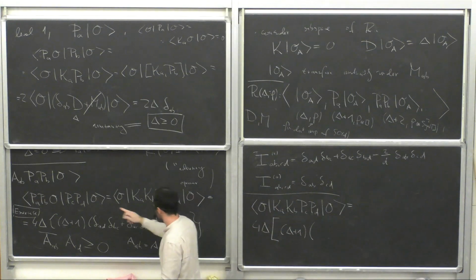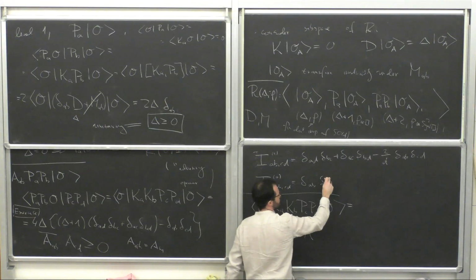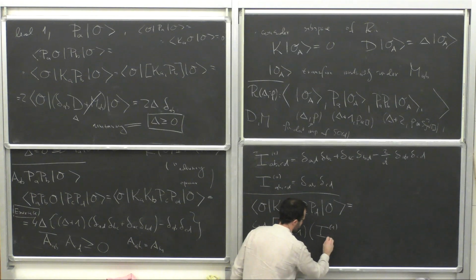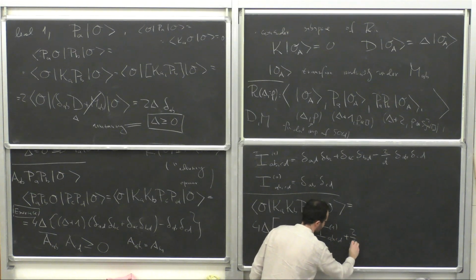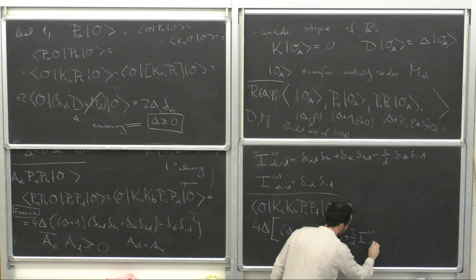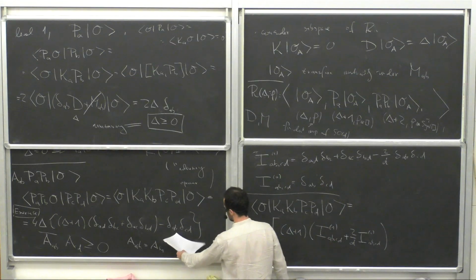And now this object is the same as this plus 2 over d times that. So it's the traceless one plus 2 over d times the trace. And then this is just the trace itself.